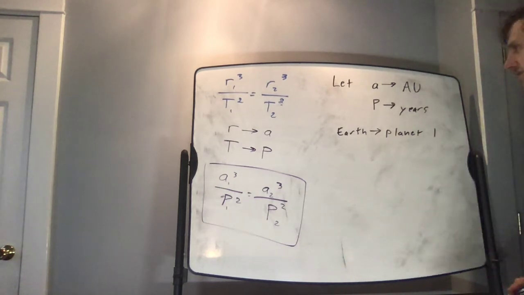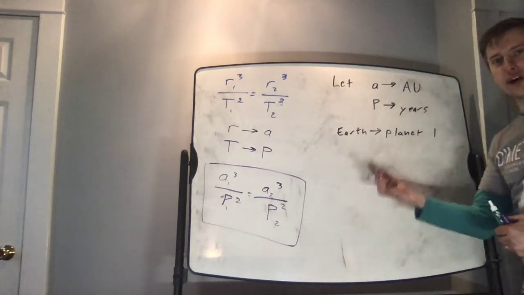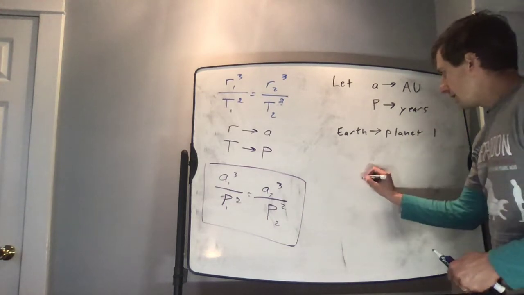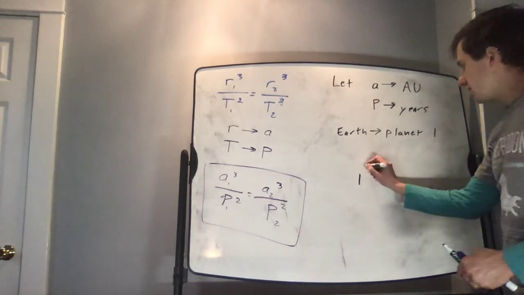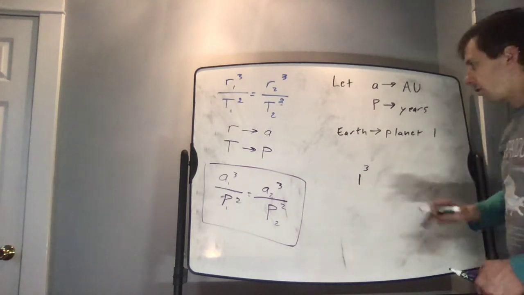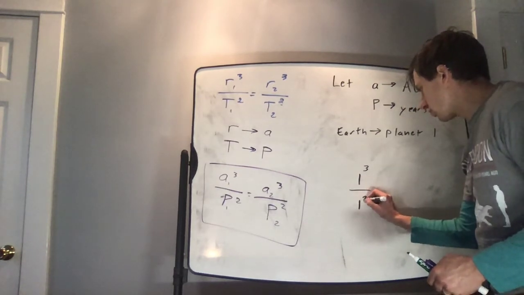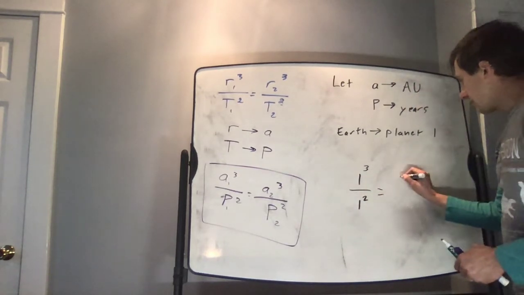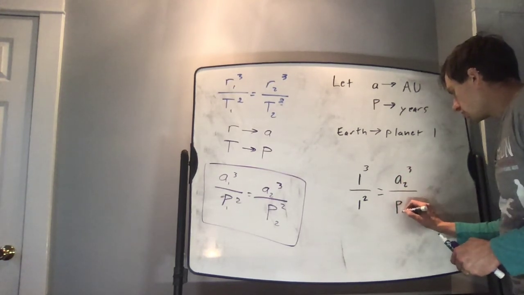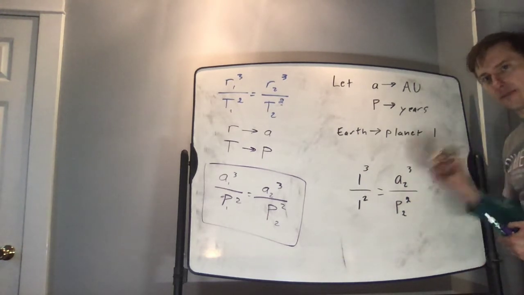When I make that substitution, the average distance from Earth to the Sun is 1 AU. That is the definition of astronomical units. The average amount of time it takes the Earth to orbit the Sun is 1 year. And so I would have 1 cubed over 1 squared. And then I would have A2 cubed over P2 squared for whichever other planet we're talking about.